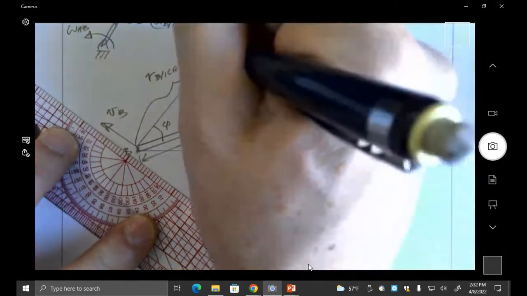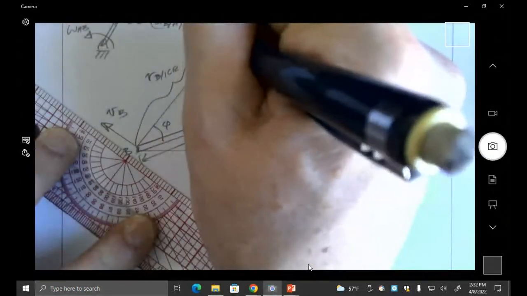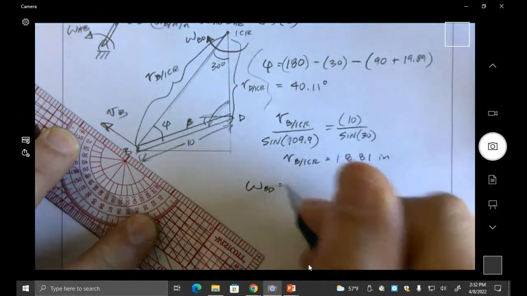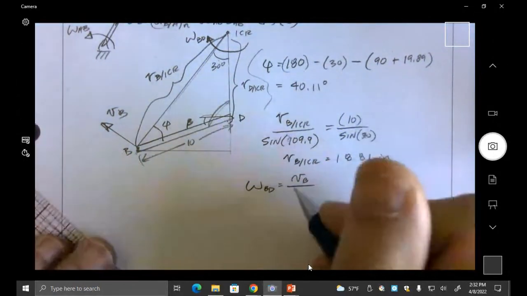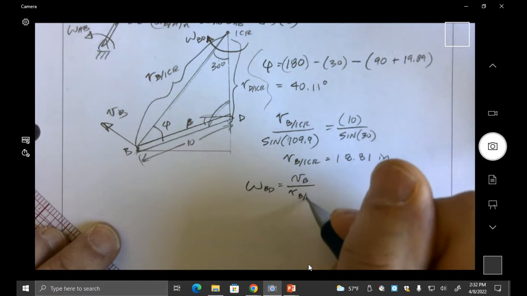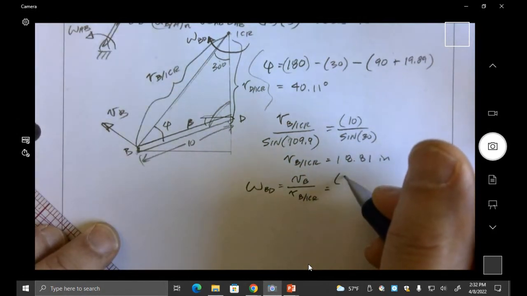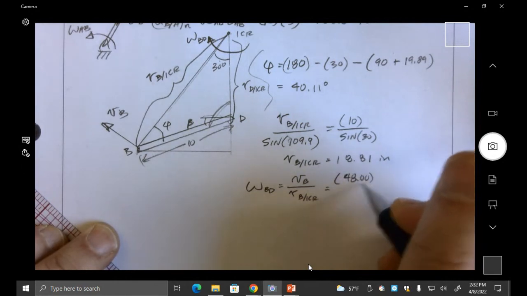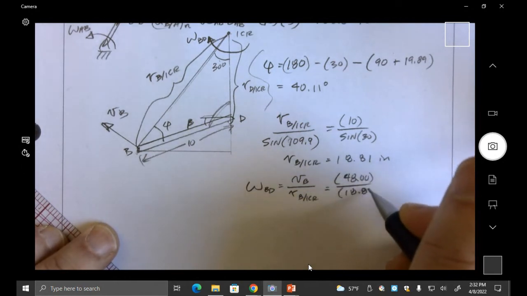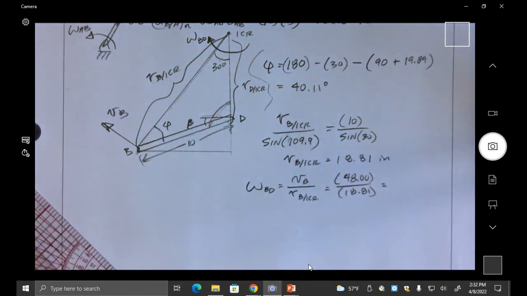So omega BD can be VB divided by RB with respect to ICR, or 48 divided by 18.81.